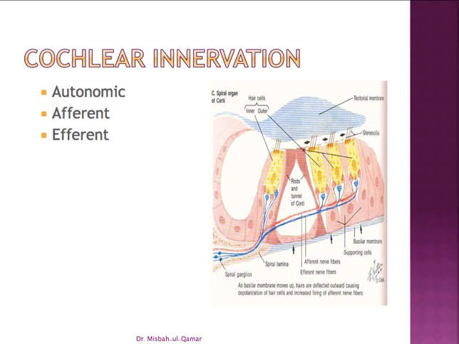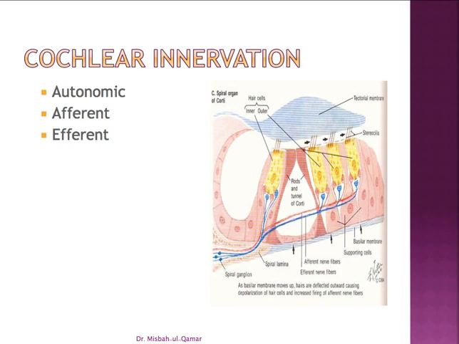The cochlea has innervation. You see the cochlea has its nerve supply. It means that it is innervated, and the cochlea is innervated by three types of nerve fibers. There are afferent fibers, meaning the sensory fibers.